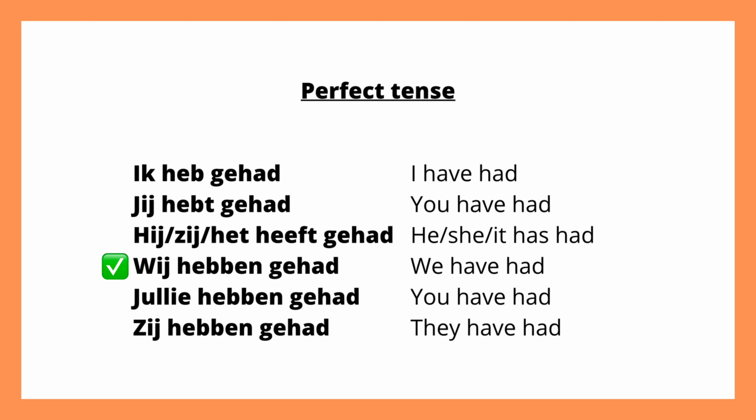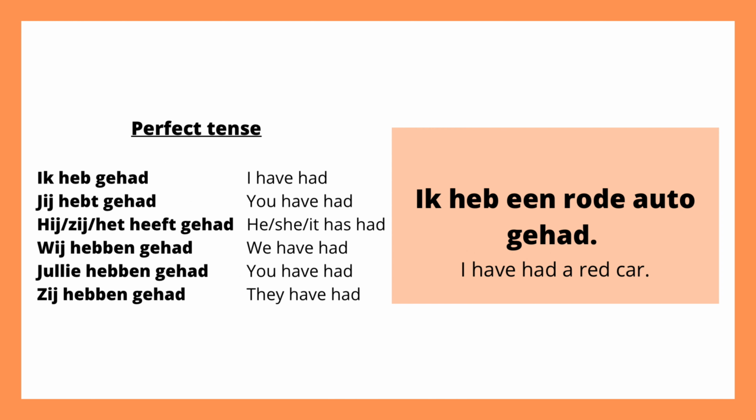Wij hebben gehad. Jullie hebben gehad. Zij hebben gehad. This tense is formed by using the past participle of hebben with the auxiliary verb hebben. For example, ik heb een rode auto gehad.